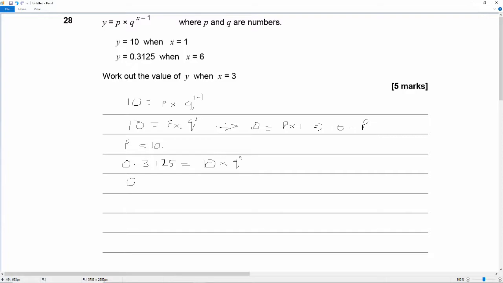So 0.03125 is equal to q to the power 5.